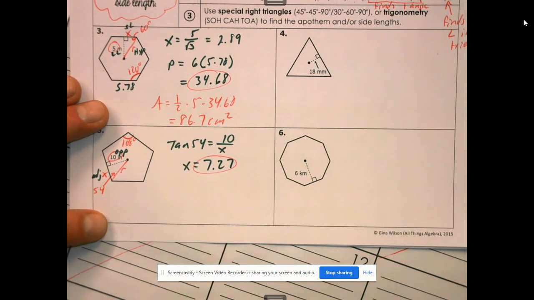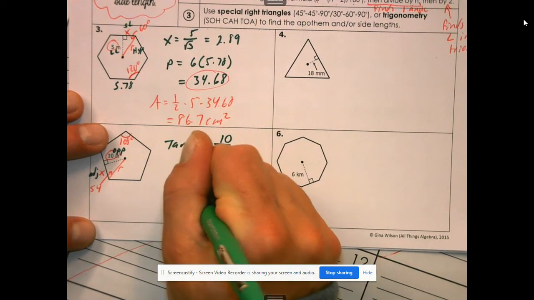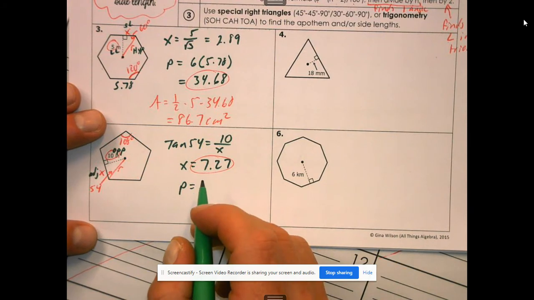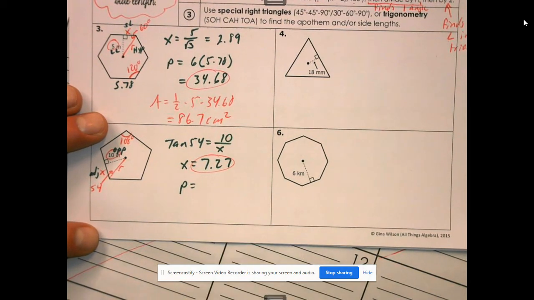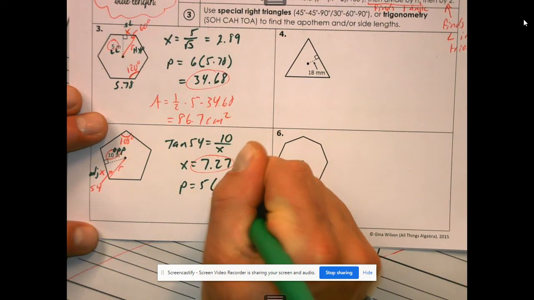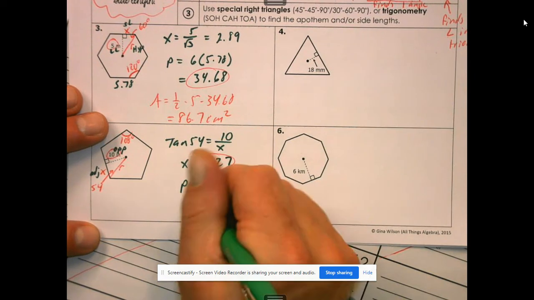We just have to remember to double that to get our perimeter. So for perimeter, double that guy. That comes out to be 14.54. So 5 times that, 5 sides, comes to be 72.7.